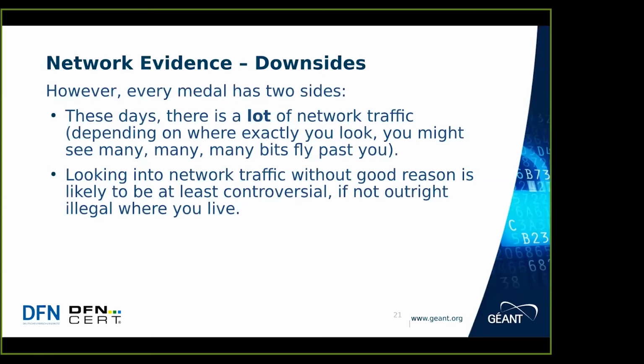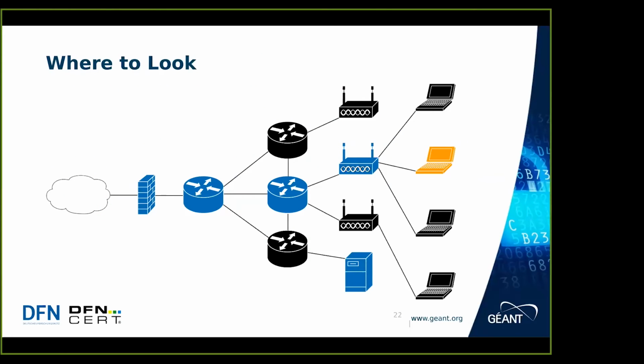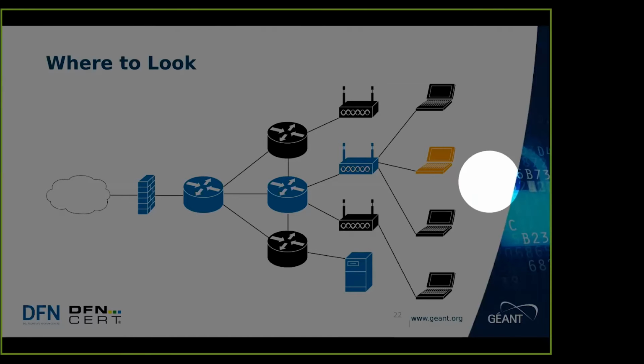So having said that, where would we want to look for network evidence? Let's say, for the sake of this talk, that we would like to see what this guy here does on the network.